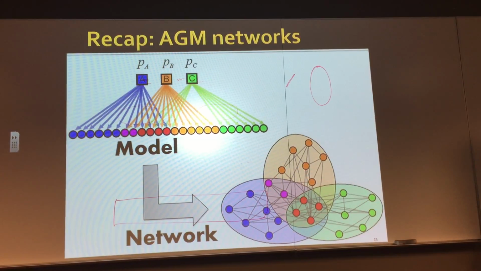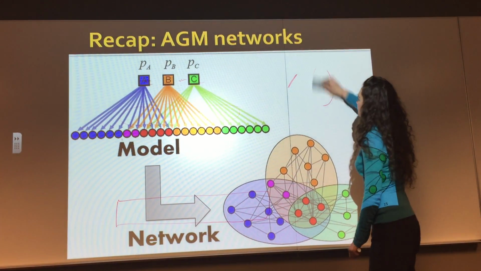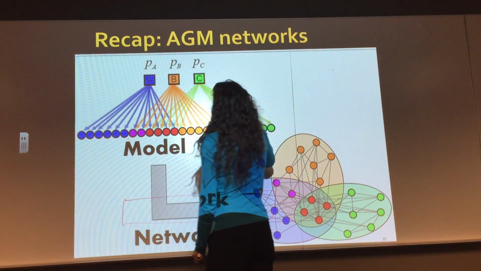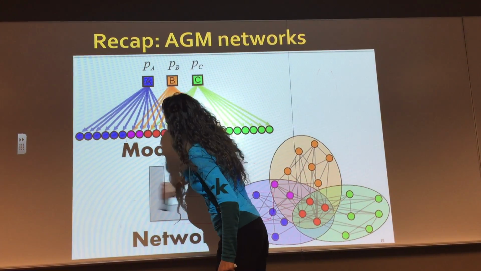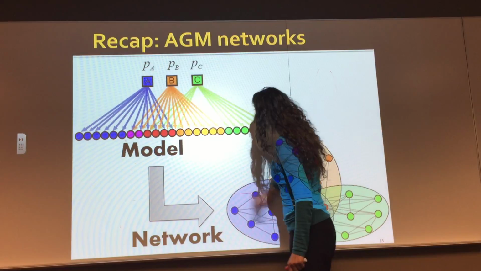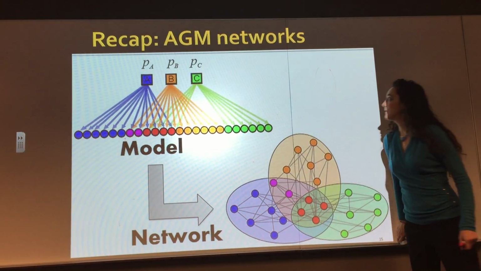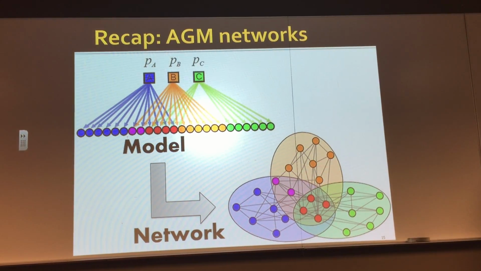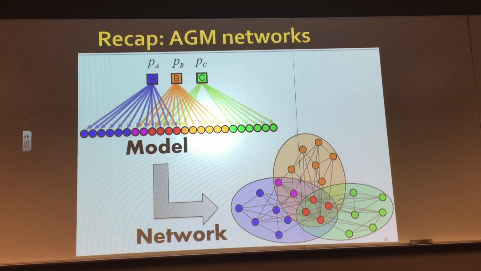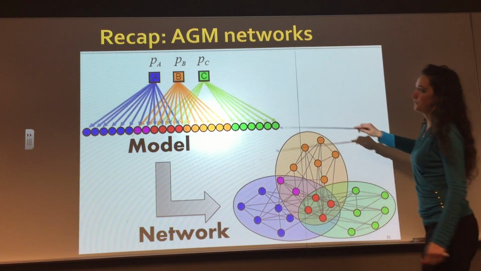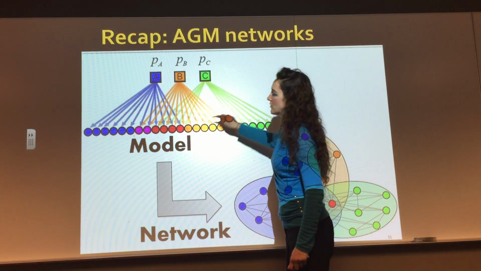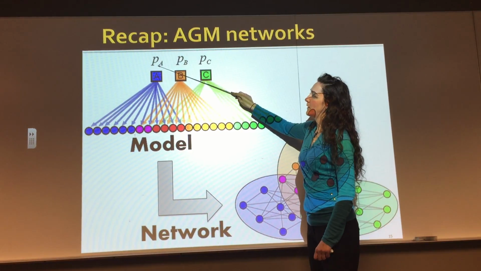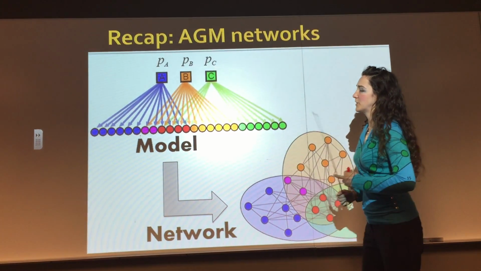So the idea here is, given the set of nodes, the communities, whether they're members of the communities, and the probabilities that they will become friends if they're a member of a particular community.